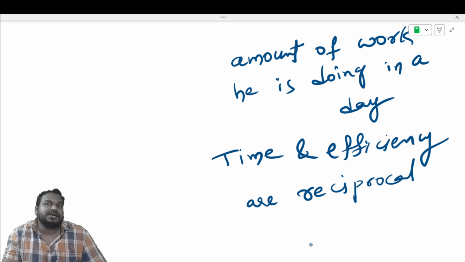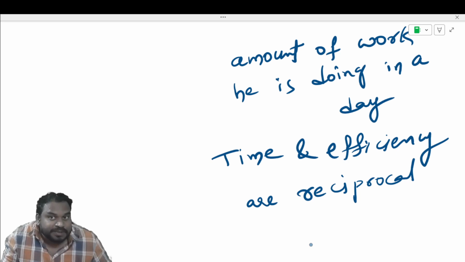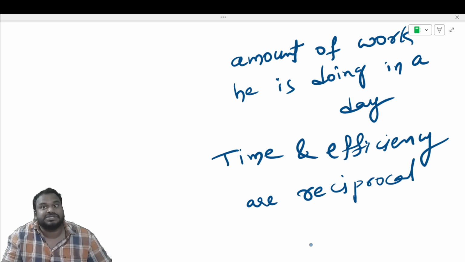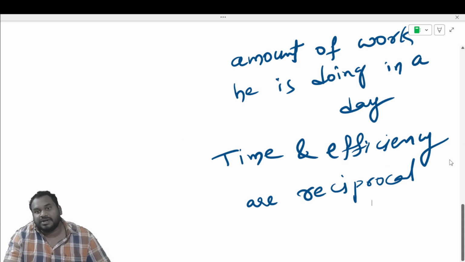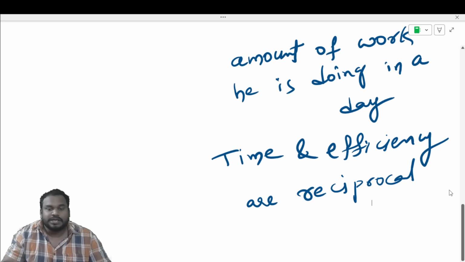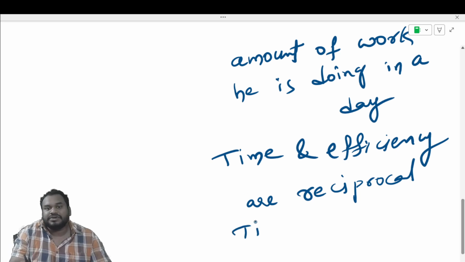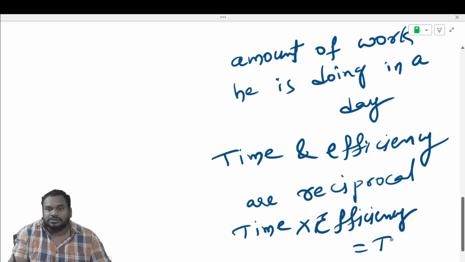If he takes 30 hours to complete a work, then 1 by 30 is his efficiency. Per hour, he does 1 by 30 parts of work. So efficiency and time are reciprocals. Time into efficiency will give you the total work. Time into efficiency is equal to total work done, we can say.